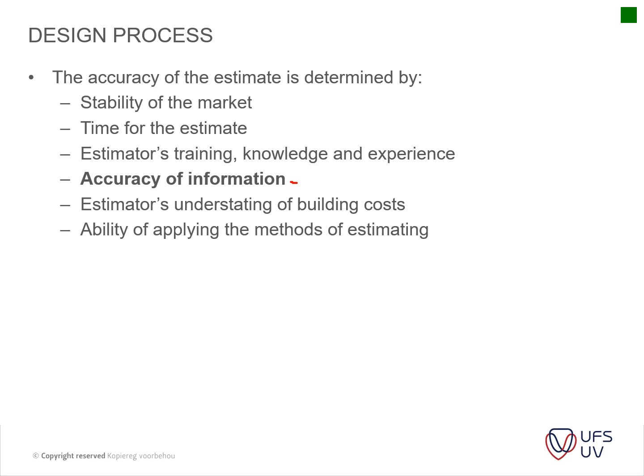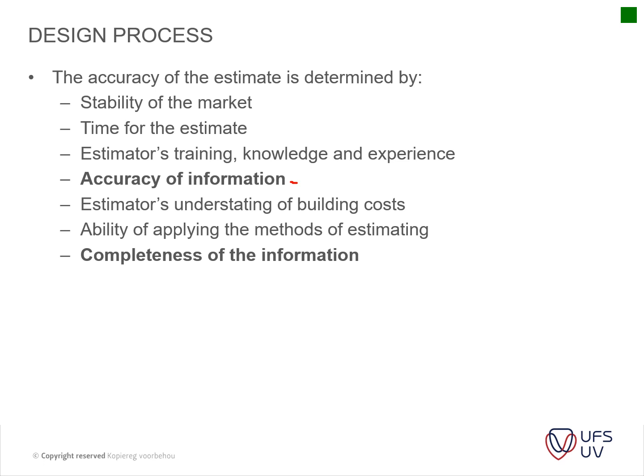Then the ability to apply methods of estimation. Completeness of information: is everything included? Is there maybe a footing on the drawings that's not shown, or an external building housing some mechanical installation that's not shown on this drawing but is shown on another drawing, which may not have been supplied to the QS?